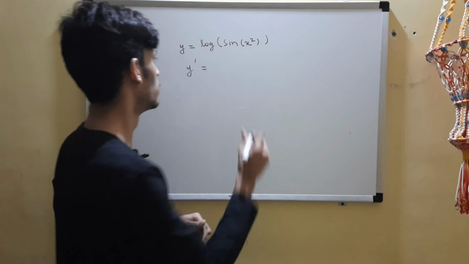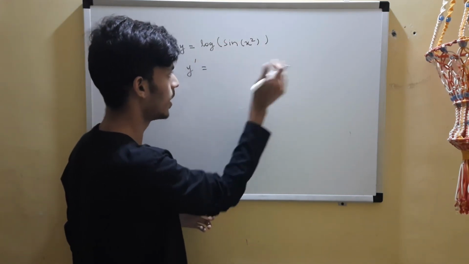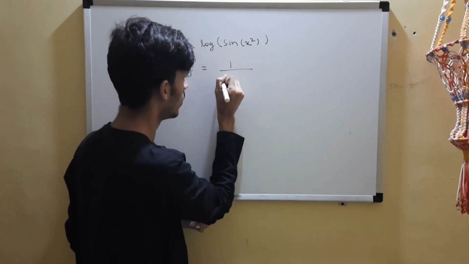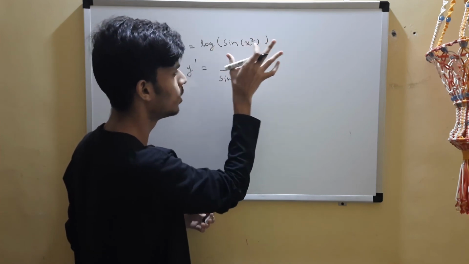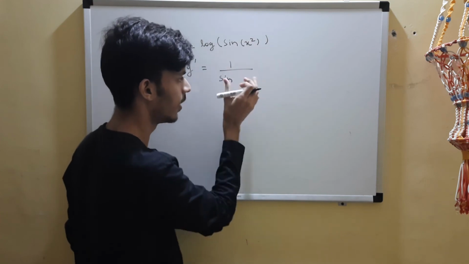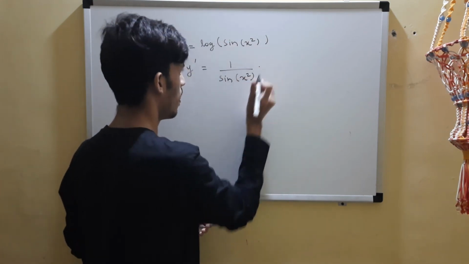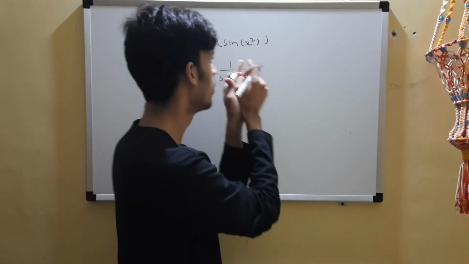Okay, so log is 1 by x, so you go 1 by 1, right? First one is log, and whatever is written inside you treat as x. So log x, what is the derivative? 1 by x, so 1 by this x. Now differentiate, when you go inside, what do you see?